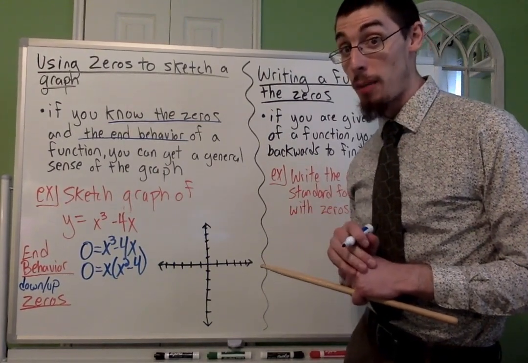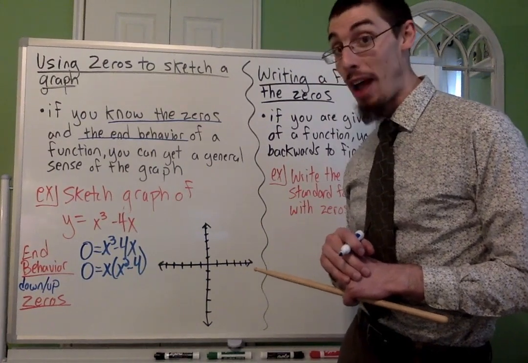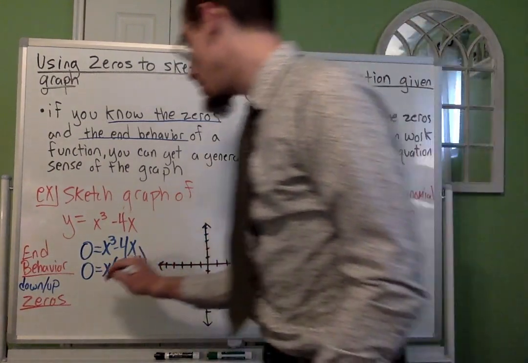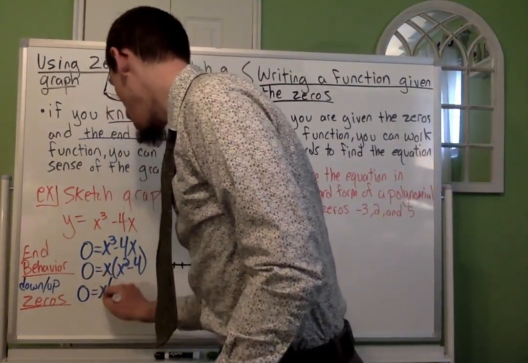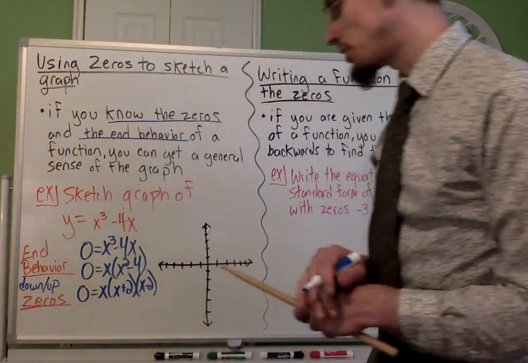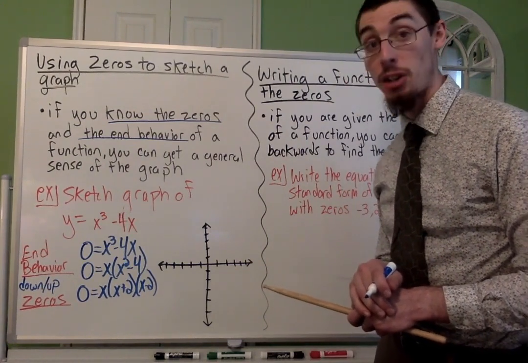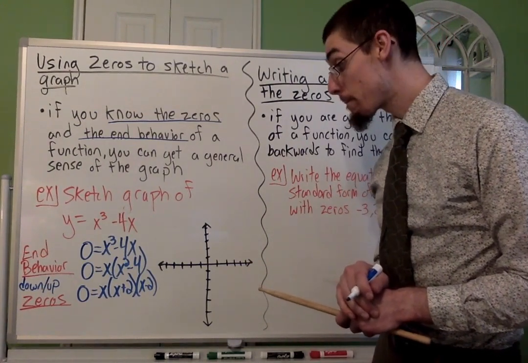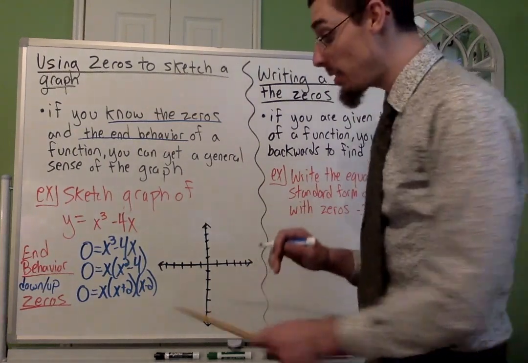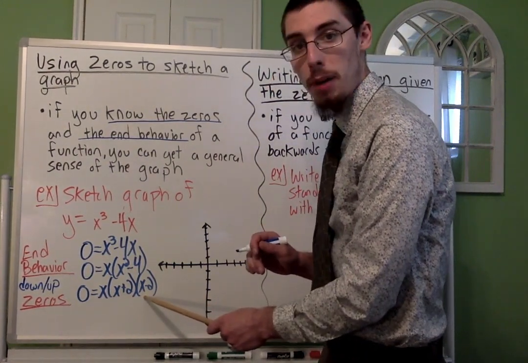Now that x squared minus 4, that's a quadratic. That can be factored further. And it just so happens to be the difference of squares. So I'll get x plus 2 and x minus 2. So there's my fully factored form, right? Well, I have 3 factors: x, x plus 2, and x minus 2.